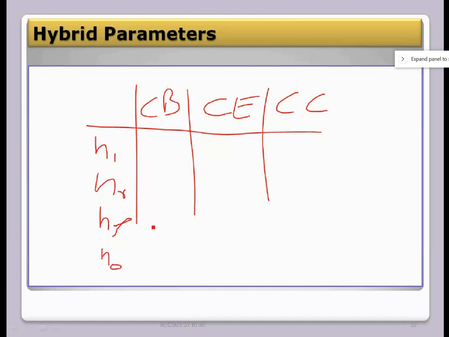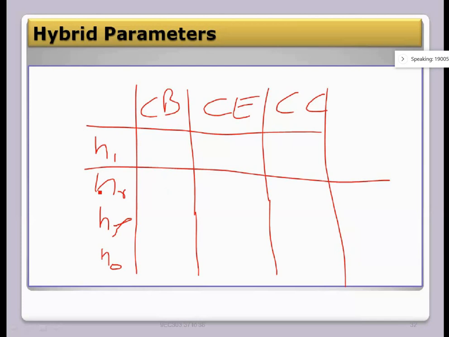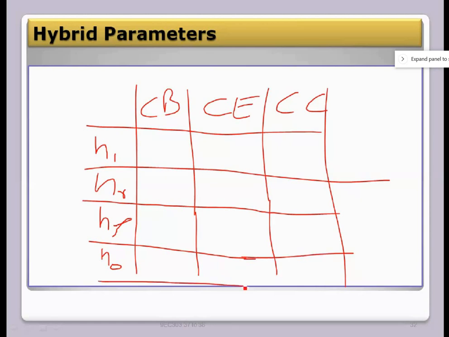Write this for CB, CE, and CC. Write a table like this. Draw the hybrid equivalent circuit for CB, CE and CC configurations, and write this table for CB, CE and CC.